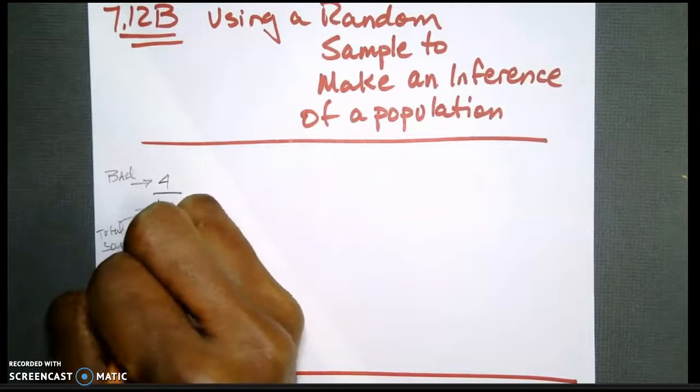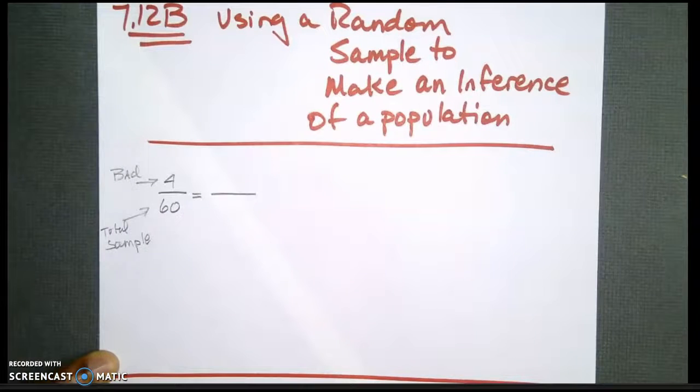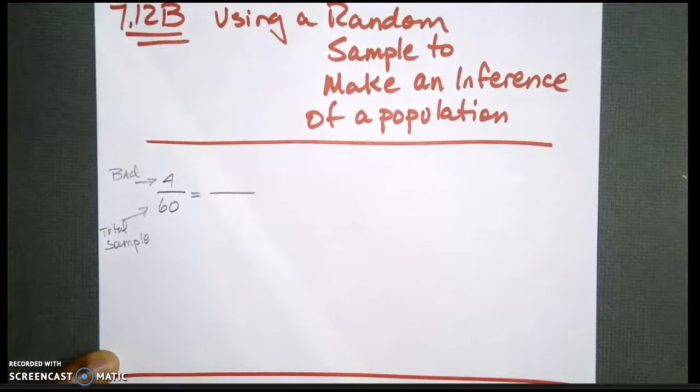Now, how could I make that equal to my overall population? If I expect that in this random sample there will be 4 out of 60, how can I turn that into a certain number for my total population?